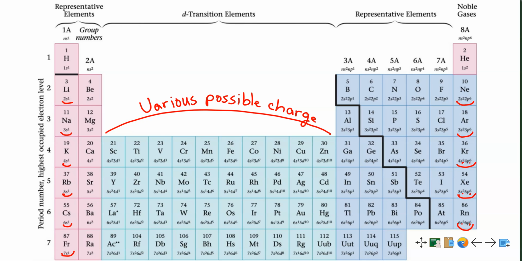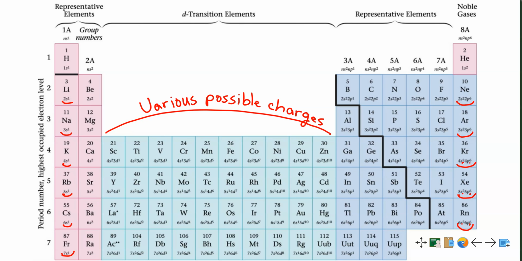I am never going to ask you how many valence electrons a transition metal has in first year high school, in first year basic chemistry. In college chemistry, in AP chemistry, in a second year chemistry course, you would probably ask that, but I'm not going to ask you that. It is enough to know that the transition metals have different valence electrons based on how the electrons are behaving. So they have different possible charges.